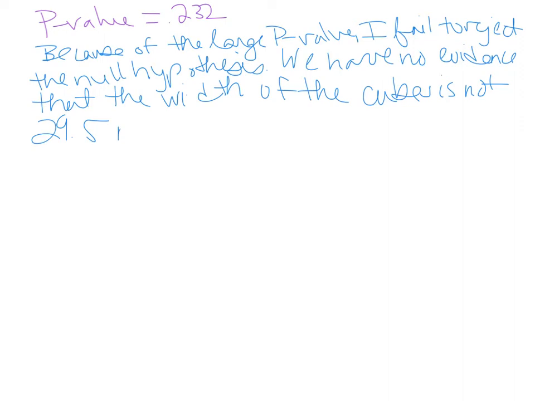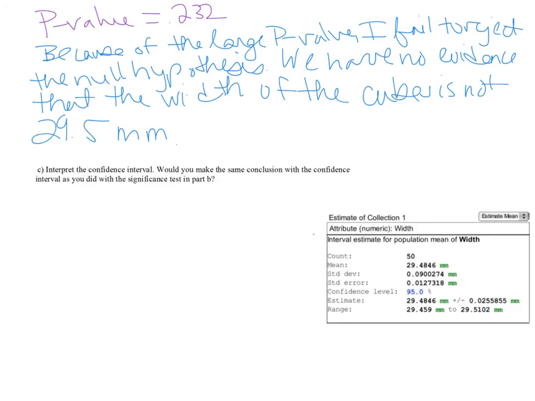So just make sure on this, you don't write anything in your conclusion that suggests accepting the null hypothesis, because you're not allowed to do that. So the next part of this problem, and actually I'm going to let you do D on your own, but the next part asks you to interpret the confidence interval.